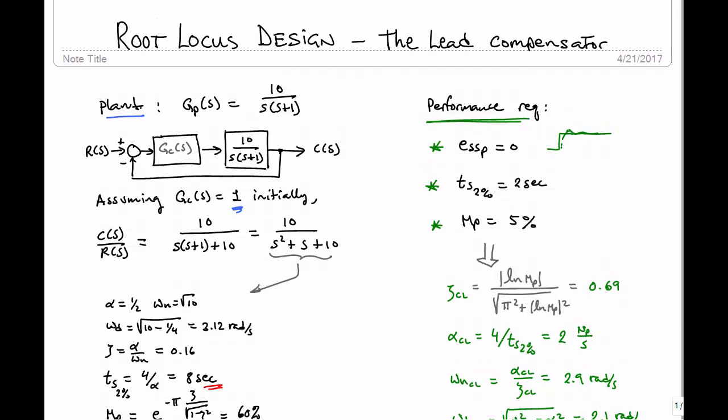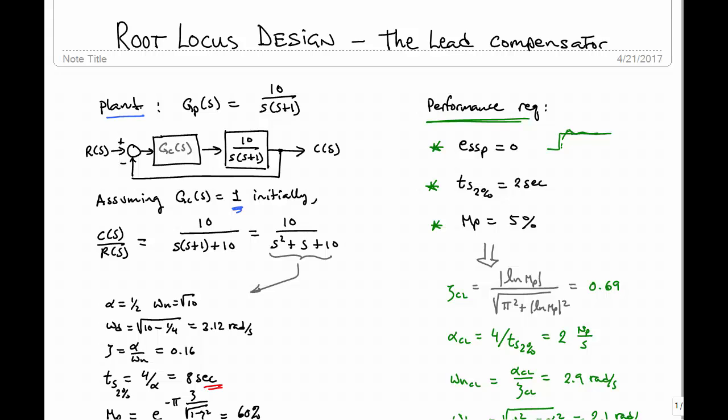Now before doing so, let's just recall that for addressing the steady state error requirement of 0 steady state position error, this has to do with the type of the system. The type of the system is the number of pure integrators there are in the open loop transfer function. In this case, our plant times our compensator, which right now our compensator is 1, has a pole already at 0 and a pole at -1.